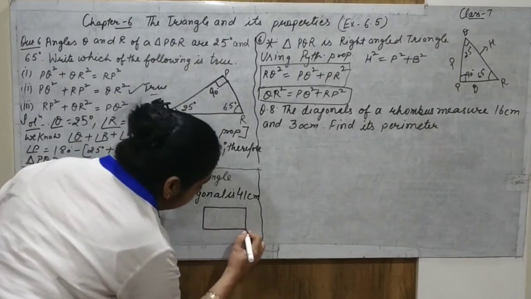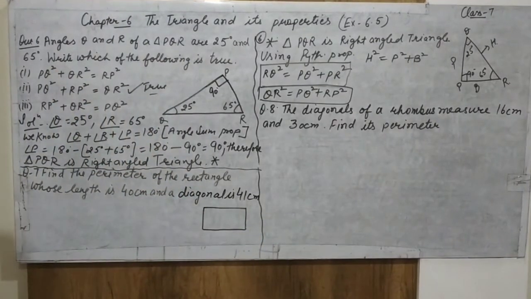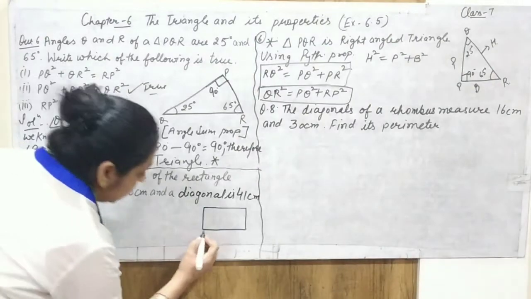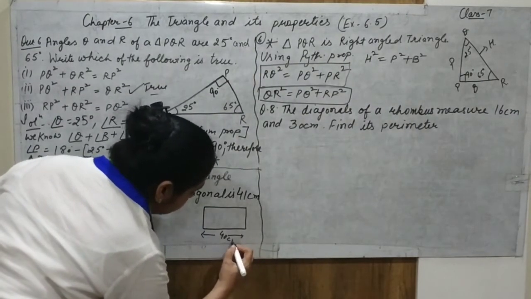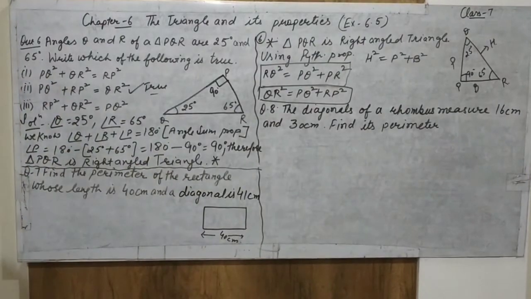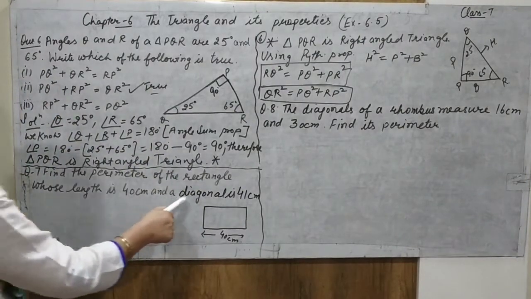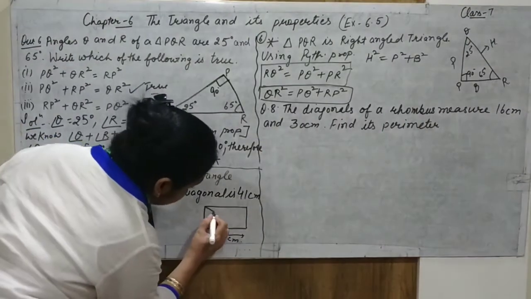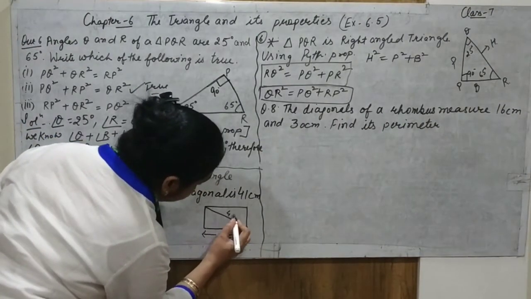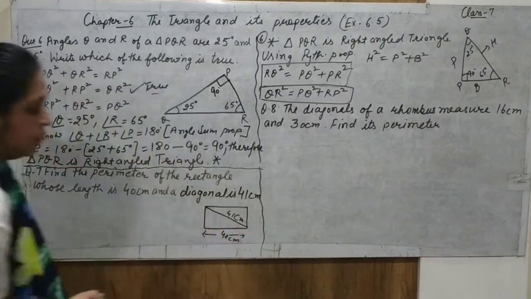We get a rectangle. What is given here? Whose length is 40. That is, this is the length of the rectangle and this is 40 centimeter. It is given. And the diagonal is 41 centimeter. Now we can select any diagonal, that is 41 centimeter.